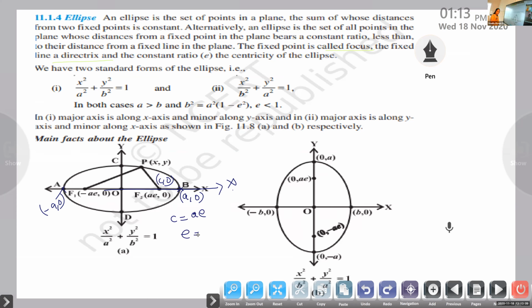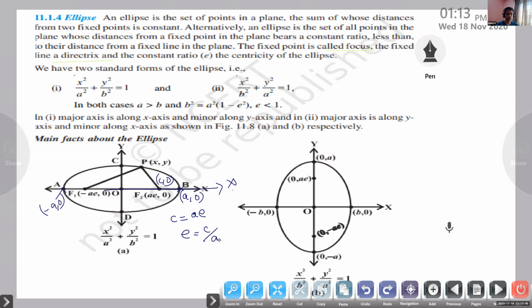What else have you learned about e? e is c by a. e is called, what is the name given for e? Eccentricity. e is the eccentricity, given by the ratio c by a. So the focus is given by plus or minus ae comma 0.